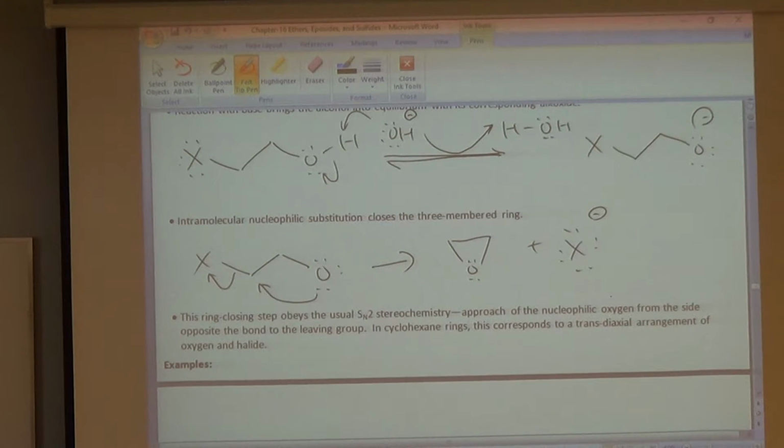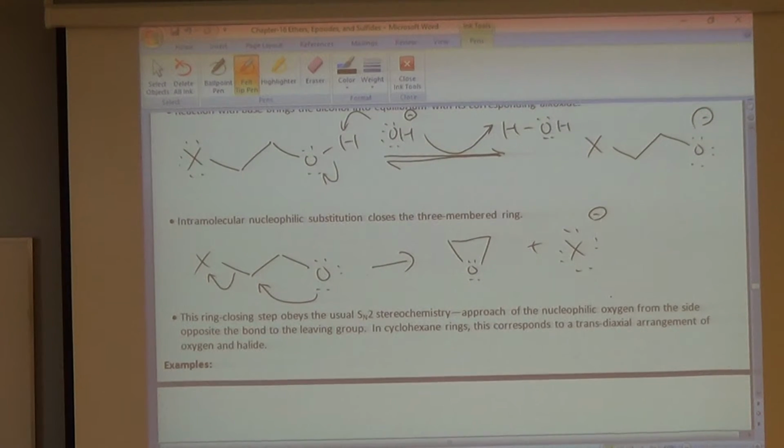Yeah, so the last step is the intramolecular SN2 reaction. In the SN2 reaction, your nucleophile attacks your carbon from the back side.